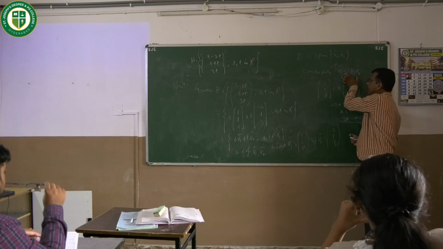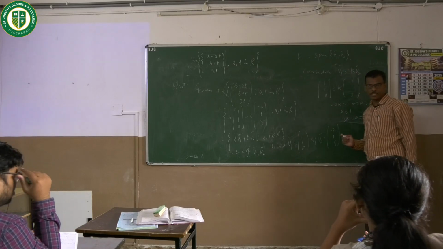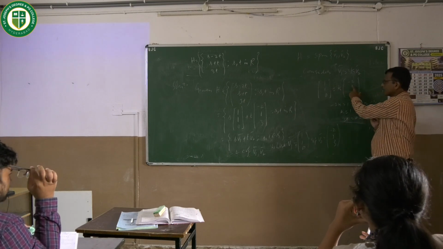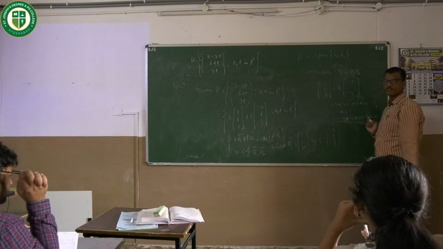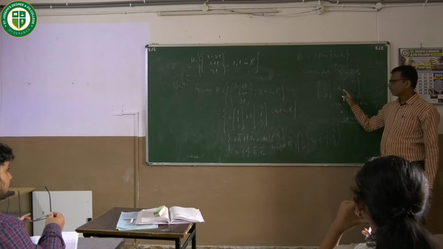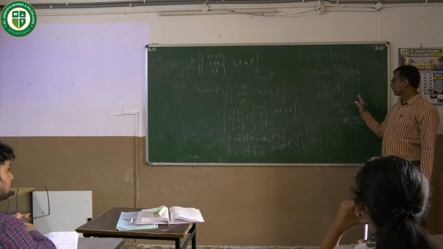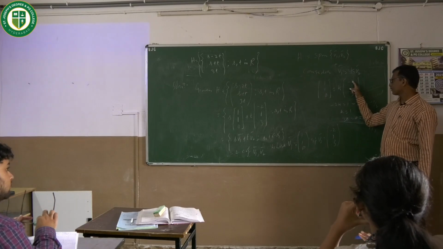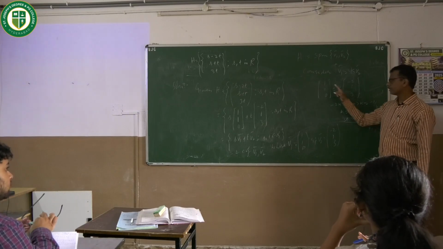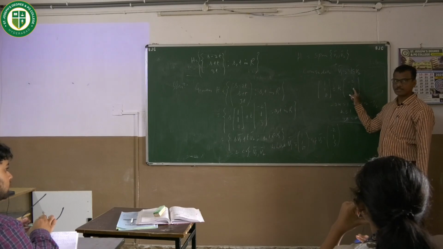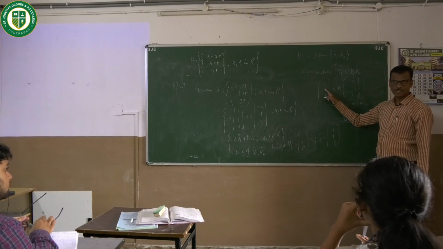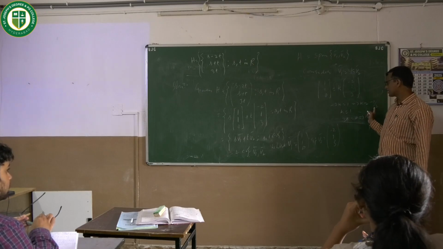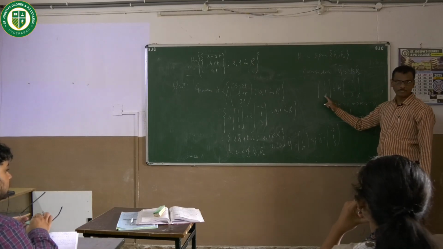If not equal, it is called linearly independent. So if k is equal to minus 1 by 2, verify here: minus 1 by 2 into minus 2, minus minus cancel, gives 1, okay. Then the next, minus 1 by 2 is equal to 1, is it possible? No. And minus 3 by 2 equal to 0, is that possible?